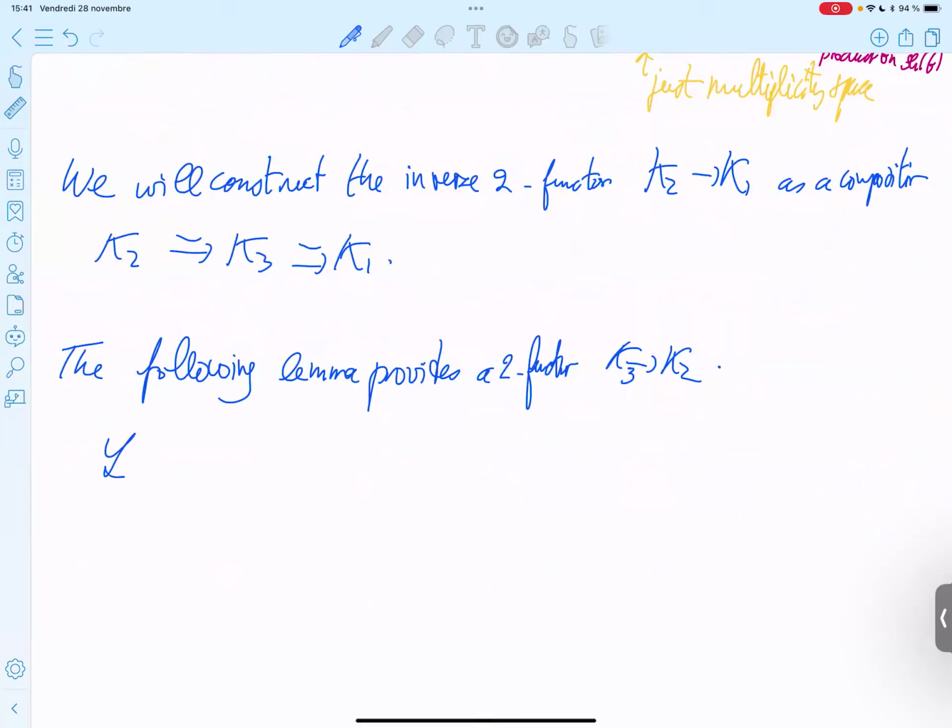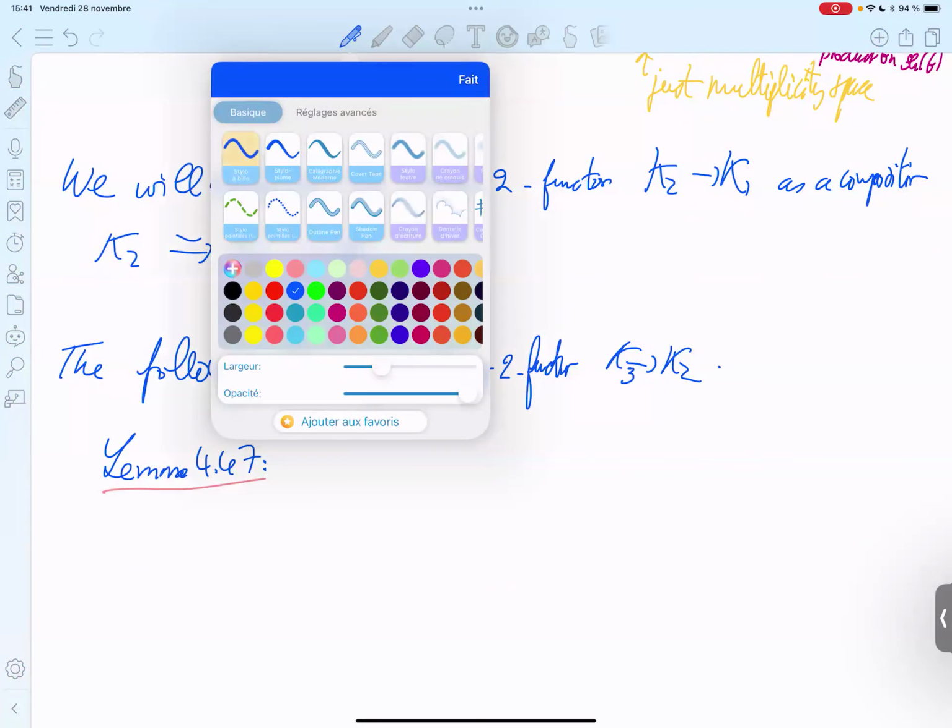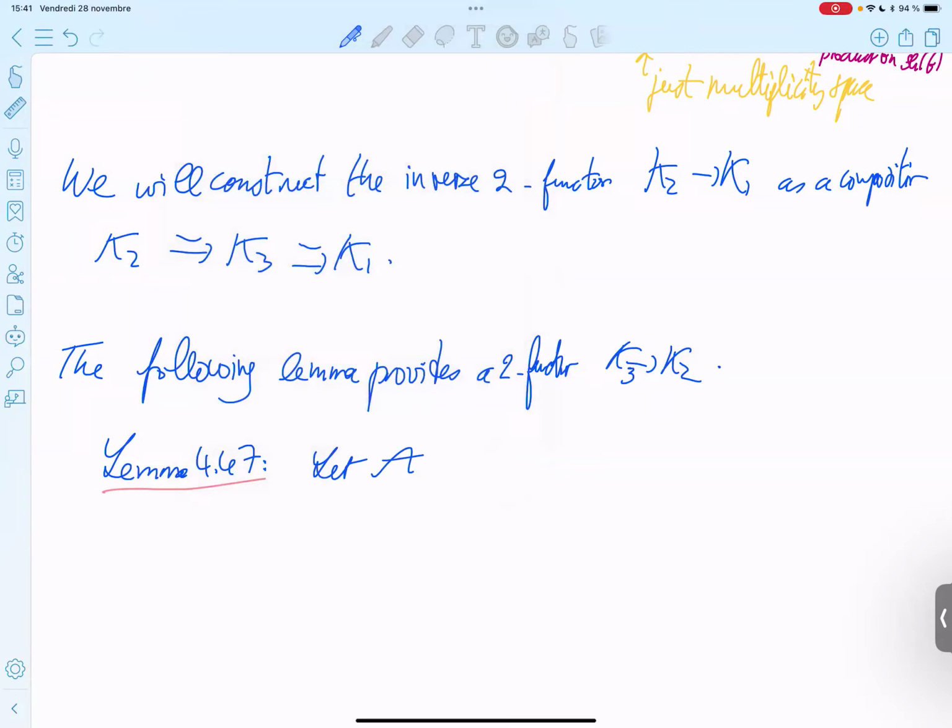Okay, so lemma 447. Let A in K3. Then, how to make something in K2? So remember K2. What was K2? K2 is a two-category of braided fusion categories containing rep-G.